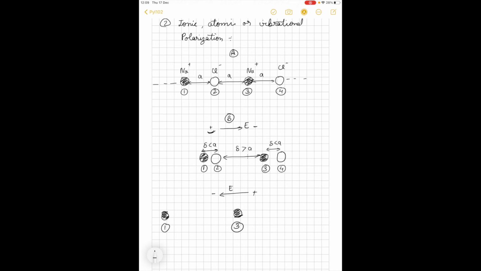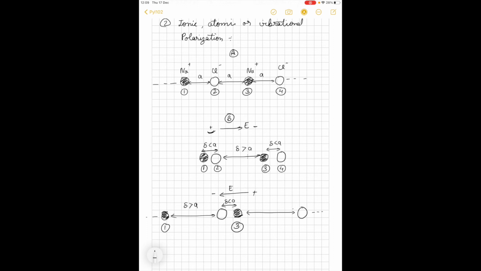Three will move this side. 2 will move towards this side, and 4 will move towards the right side. The chain goes up. So then the delta will be here greater than A, and the in-between one would be less than A.